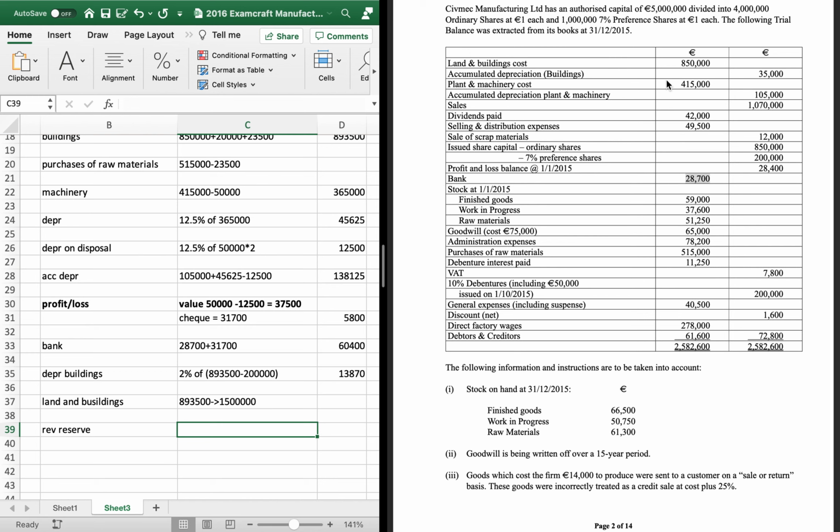So 35,000 plus the charge 13,870 plus the increase from 893,500 to 1.5 million. So that's 606,500, which gets added on.